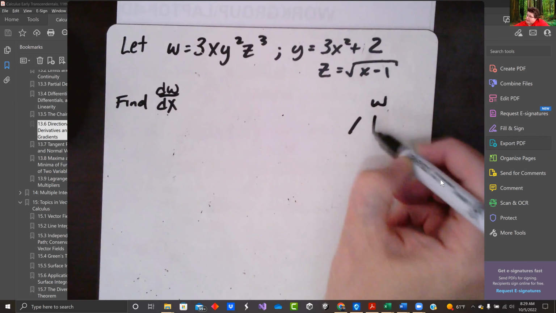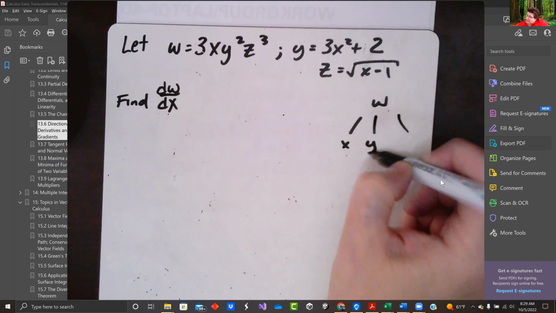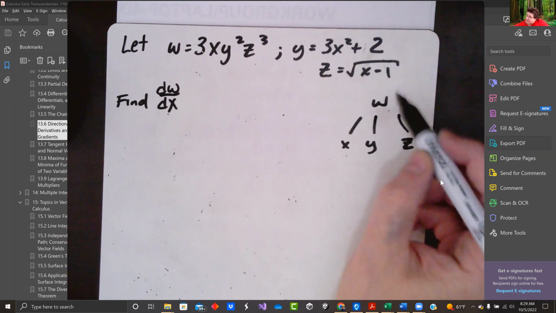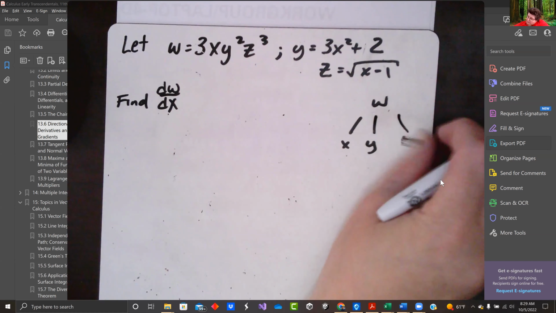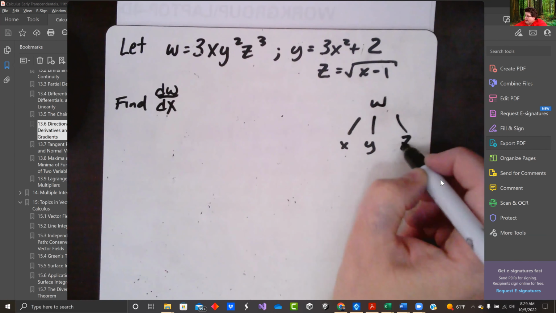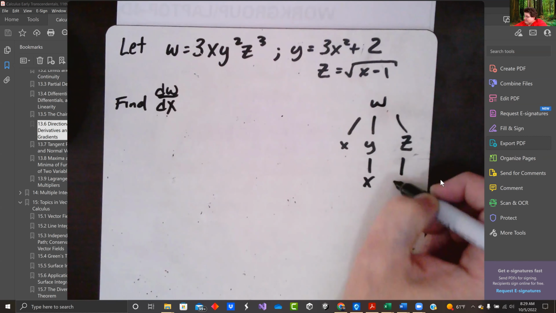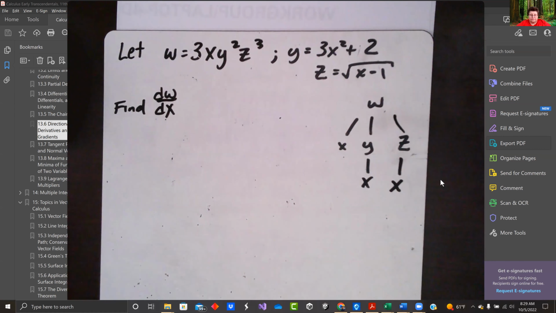W has X, Y, and Z in it. Y is a function of X, and Z is a function of X. Awesome.